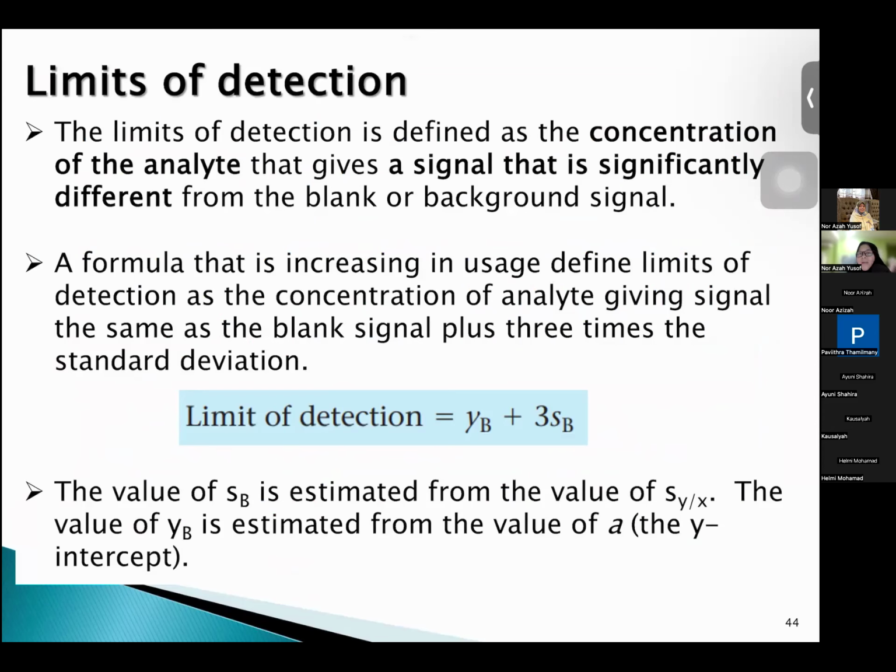Okay. All right. So, limit of detection. Why do we need to know about limit of detection? Because of the linear range just now. Remember the linear range. We can analyze unknown samples, but how low a concentration can we go?